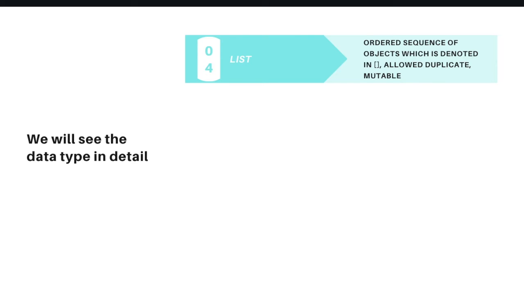So now we will just see the summary: what that data type is and what its functionality is. Here you can see that a list is an ordered sequence of objects which is denoted in a big bracket, allows duplicates, and it is mutable.